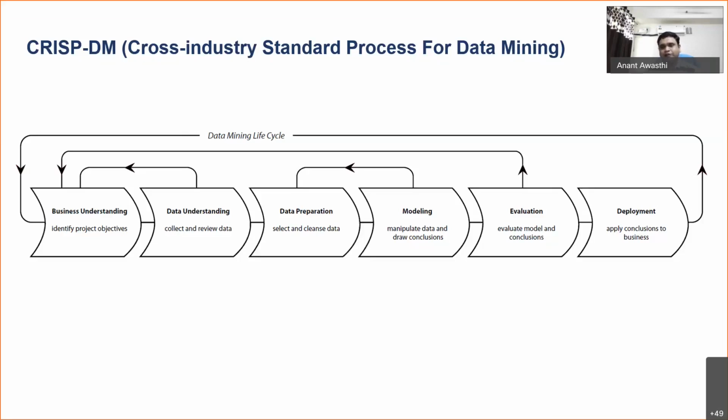We cannot say that this is a good solution. So we will go back, and we will build the solution again. The evaluation part comes with different metrics, like you check the sensitivity of the solution, the specificity of the solution, what the accuracy is, etc. And once it's evaluated by the team of experts, it goes for deployment.